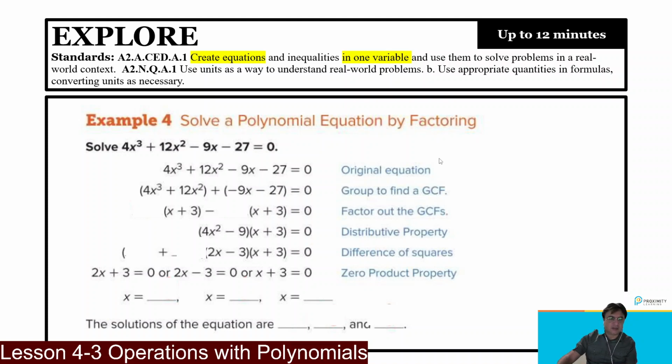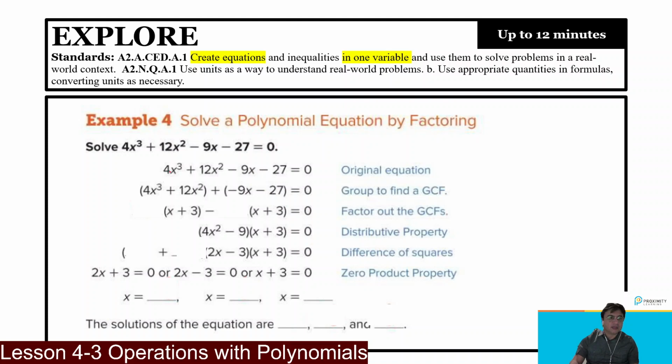So the first thing we have to ask ourselves is, is there something that's common in here? And there's nothing in common in all of them. This 27 does not have an x, so we cannot factor out an x. If we were to try that, we can only factor out the x from these three terms and not from 27, and that would not help us. So we're going to see if we can group these together.